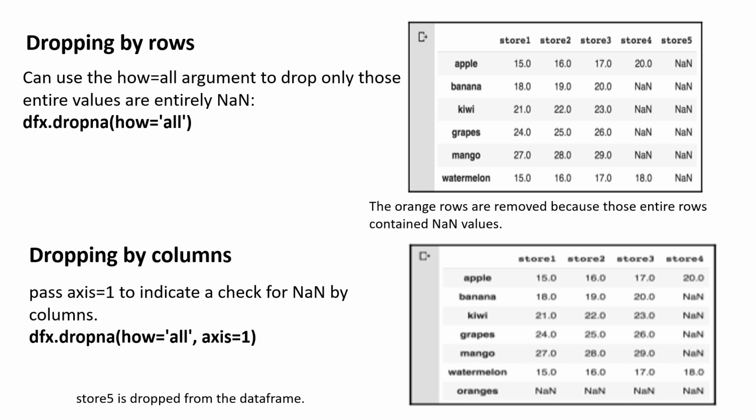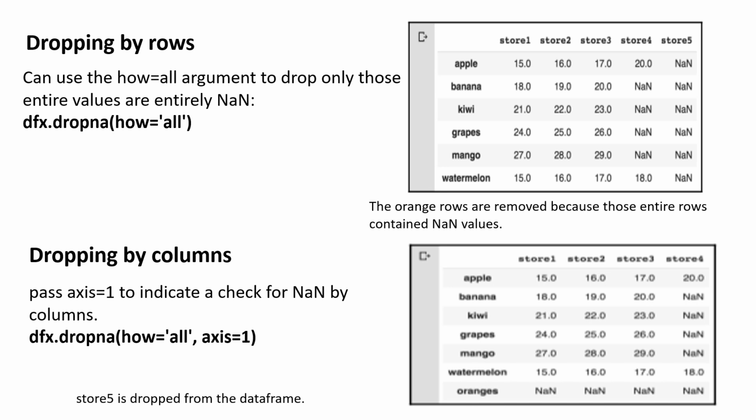Let's see the first example. Here is a list of fruits: apple, banana, kiwi, grape, mango, watermelon, and also orange. The orange row is removed because the entire row contains NaN values, so it is dropped by how equal to all.